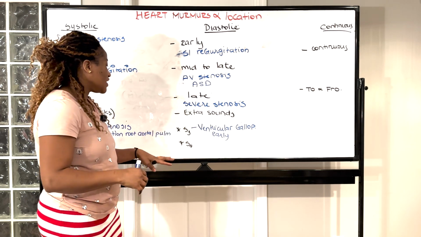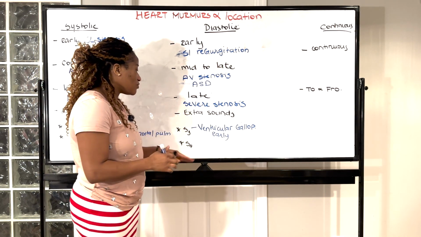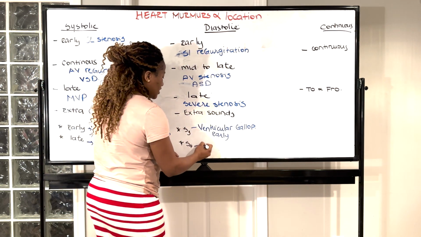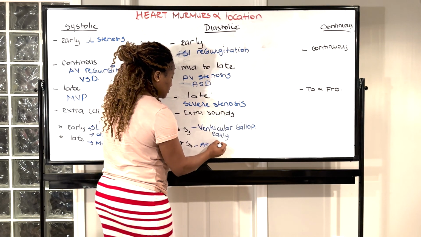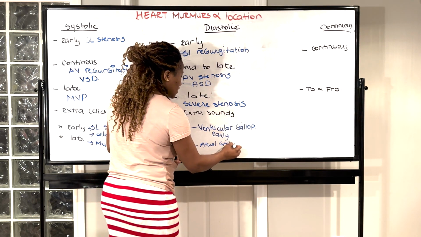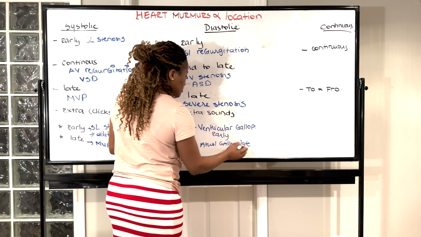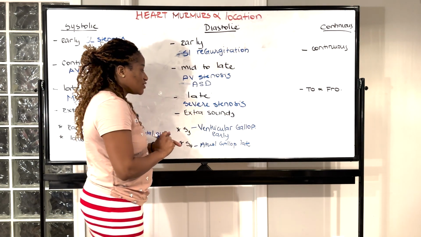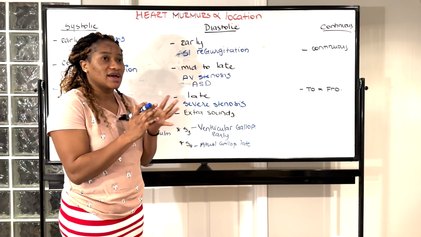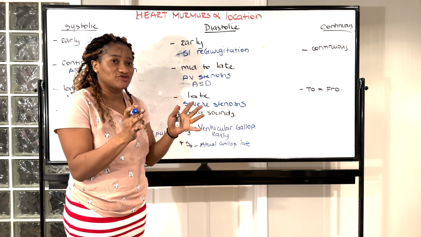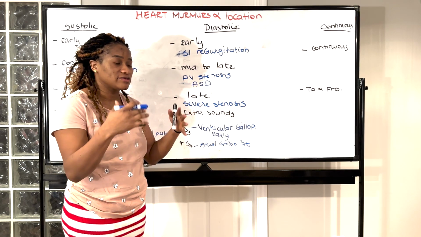And with the S4, which is called atrial gallop, it happens late, and here the atrium is pumping against a hypertrophic ventricle.